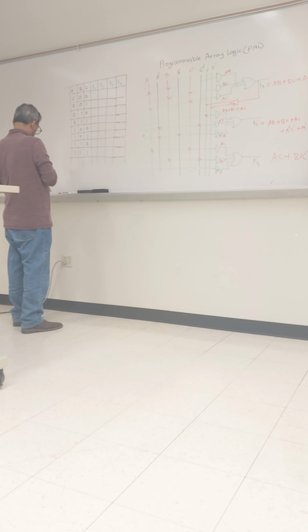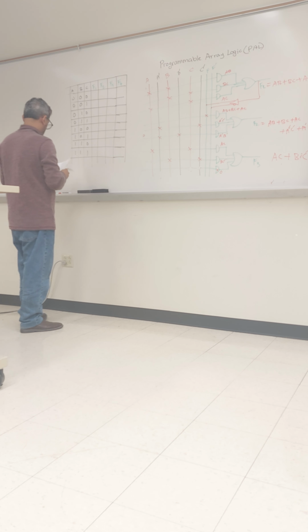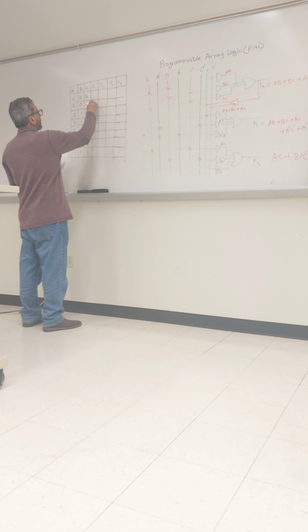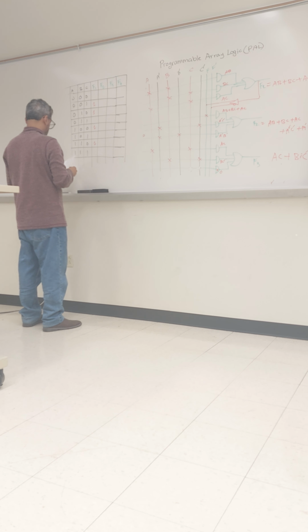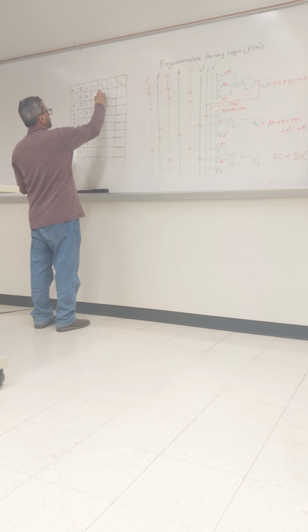So for F1, for example, we have 1, 1, 1, 1. For F2, we have 1, 1, 1, 1, 1.